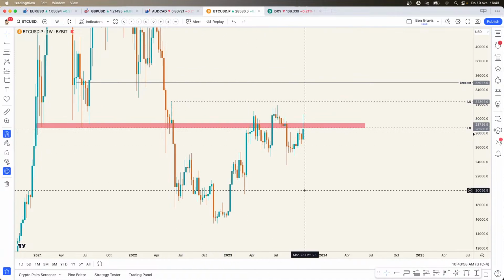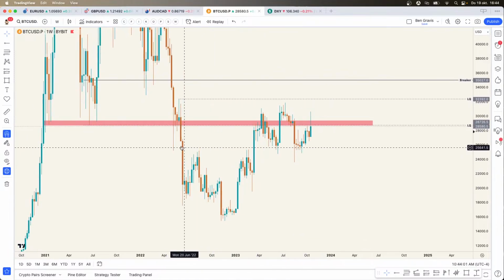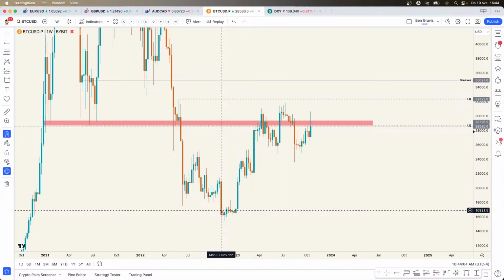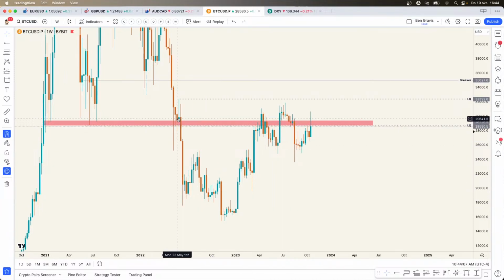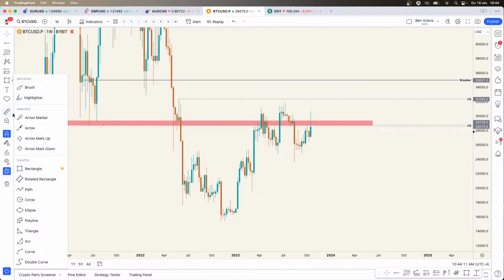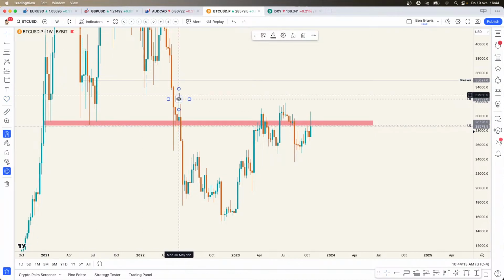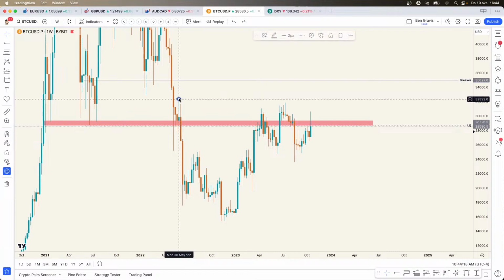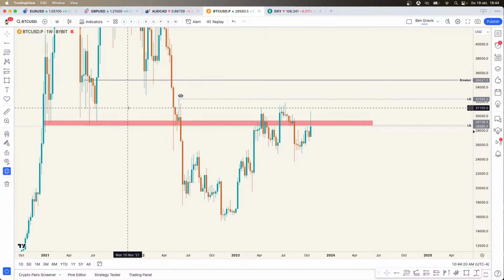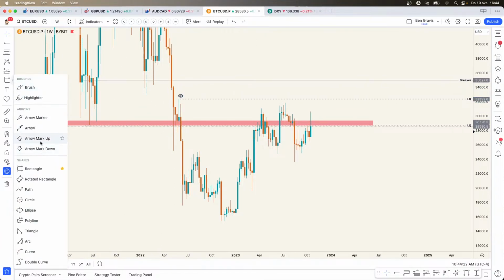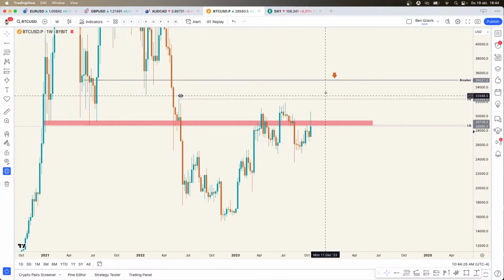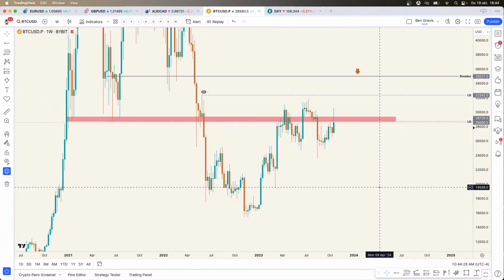We still have to tap that one. We went below this liquidity level, came back inside, meaning that we should target the root. So my target would still be here. And then my bet is that it actually will go to this breaker and then find a rejection over there.